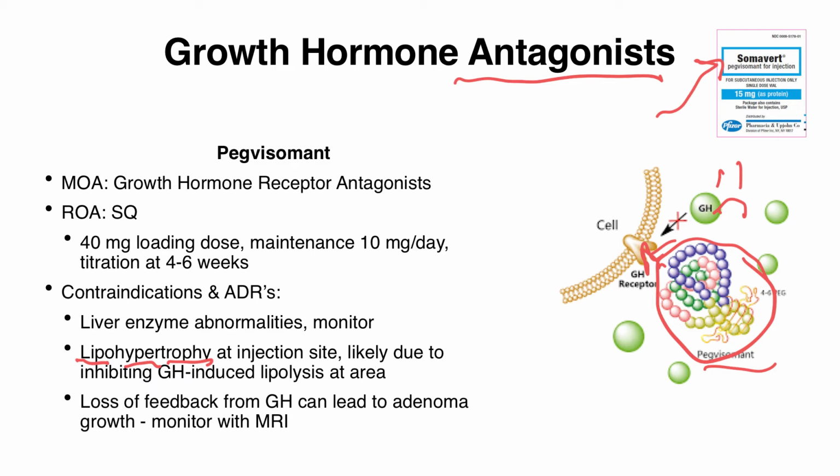Meaning, if there is any kind of adenoma that is secreting that growth hormone, that can drive it to grow. So it does feed both benign and malignant tumors. It's important to monitor with an MRI to make sure there is no tumor growth.